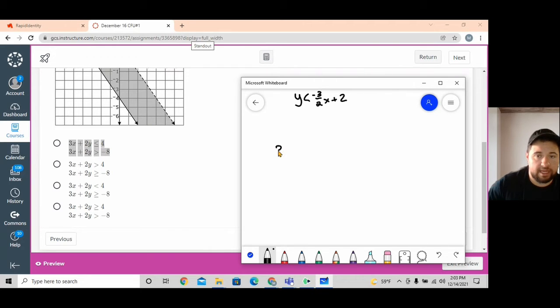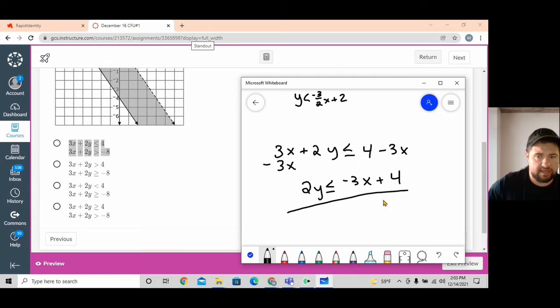So we have 3x plus 2y is less than or equal to 4. I would have to subtract the 3x from both sides. I'd be left with 2y is less than or equal to negative 3x plus 4. And I'd divide that by 2, and I would get y is less than or equal to negative 3/2 x plus 2.